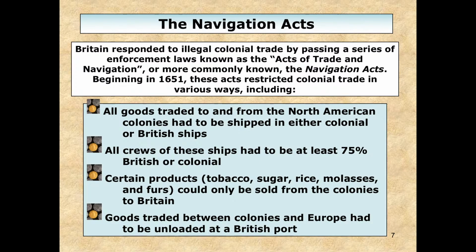Then you've got your cash crops like tobacco, rice, and your other major money makers like sugar, molasses, and furs. All those things, Great Britain's got exclusive trading rights to all that. So, again, no side deals. And goods traded between colonies and Europe had to be unloaded at British ports.